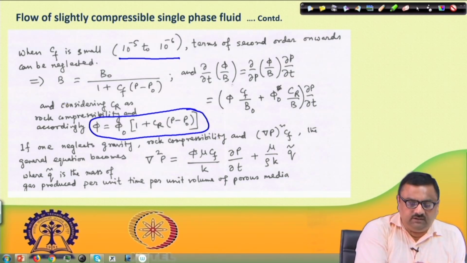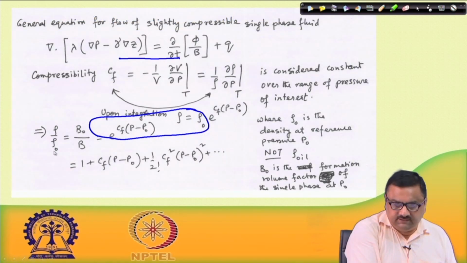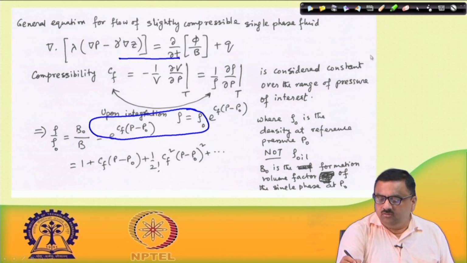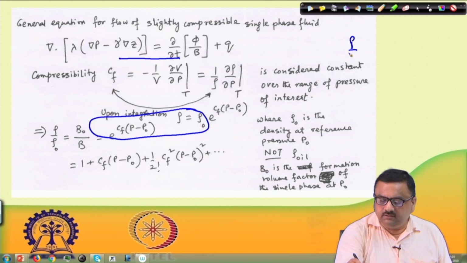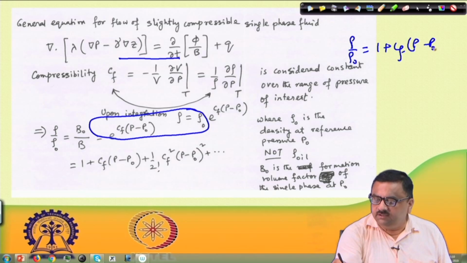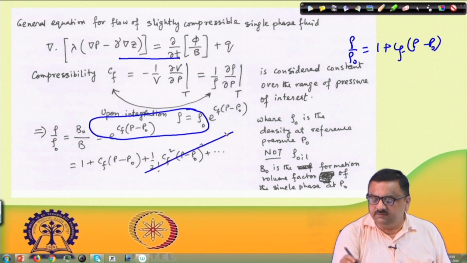for the density. When we found this density with the Cf, how was it written? Density is rho by rho O. So, rho by rho O is equal to 1 plus Cf (P minus P 0), because you are ignoring the higher order terms.